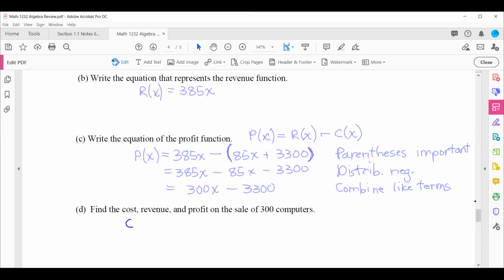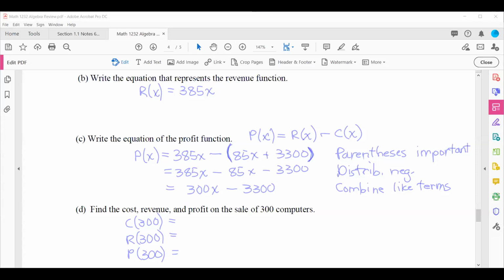So I want the cost for 300, the revenue for 300, and the profit for 300. And that's just a matter of substituting in the functions that I created.